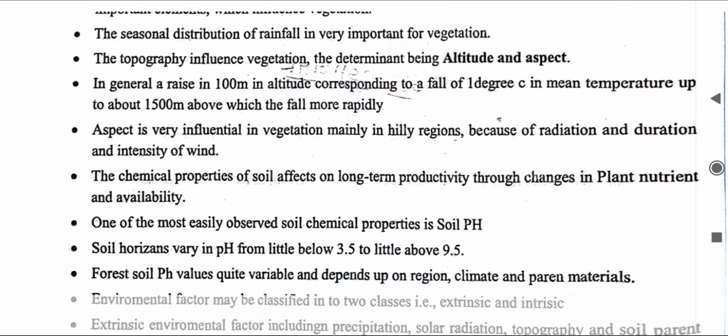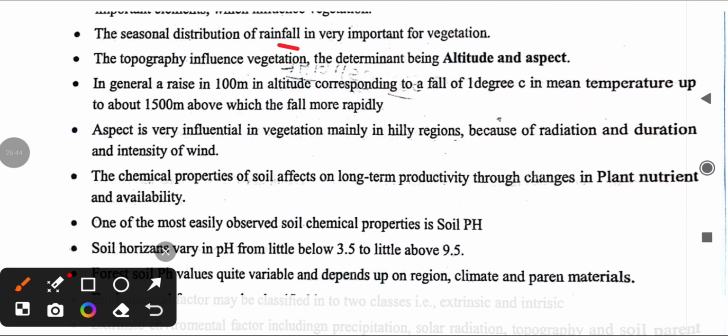And the seasonal distribution of rainfall is very important for vegetation. The topography influences vegetation, the determinants being altitude and aspect.